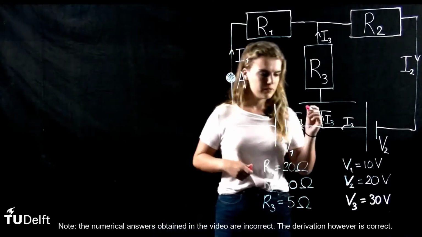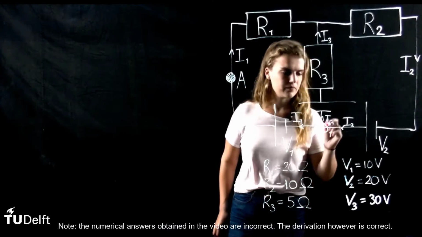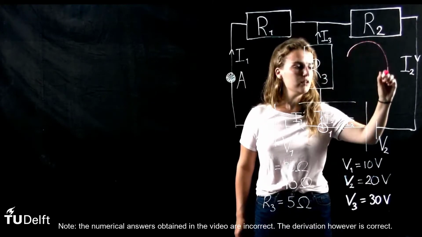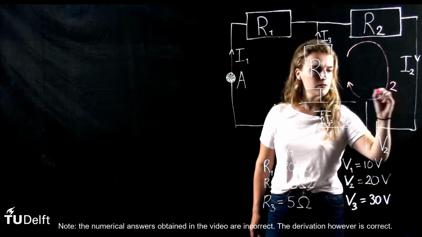First start with the node over here, number 1. Then we have a loop here, which I call 2.